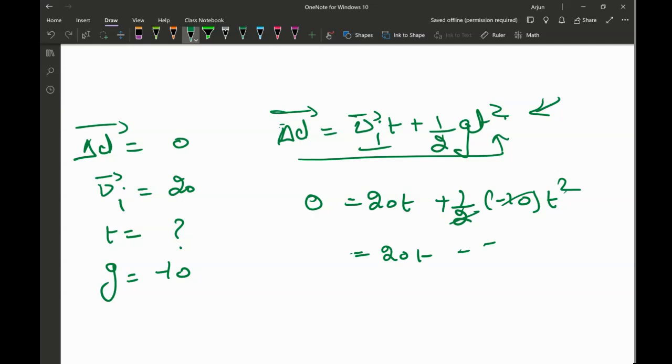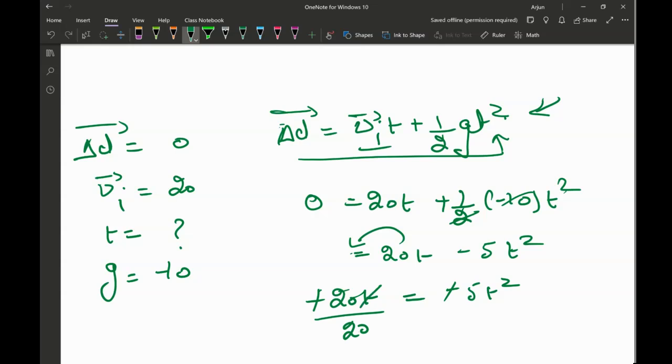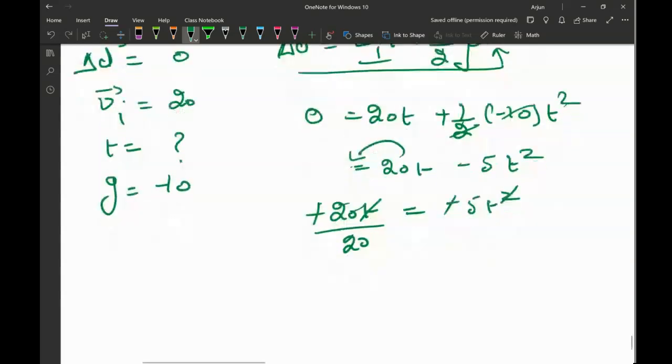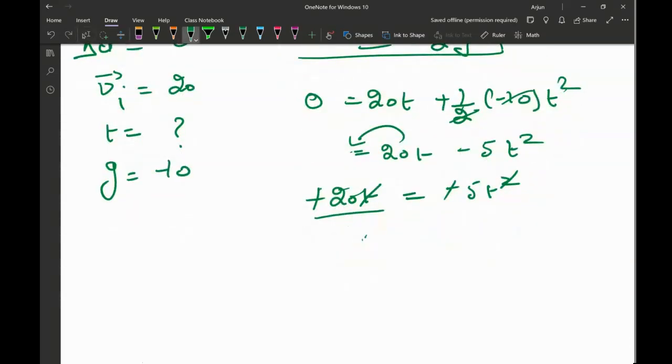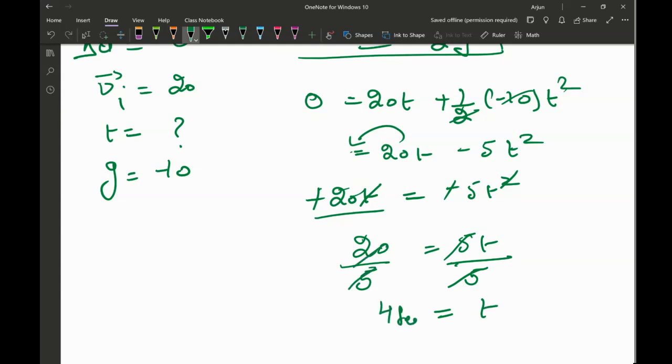This I can reduce to minus 5t square. This is going to go on the other side. 20t equal to minus 5t square. Cancel out these two negatives, and one of the t's has to be cancelled. The leftover is 20 equal to 5t. Dividing both sides by 5, that's going to give you the t value, 4 seconds.